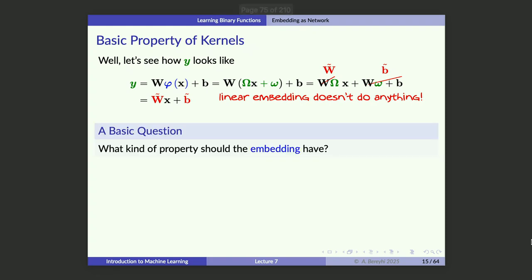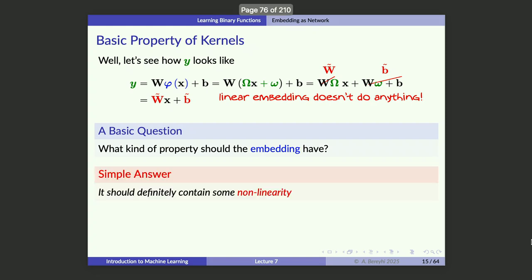So our question was what kind of property that transform, that embedding, should have. And the answer is quite simple: you need to have something nonlinear. And the beauty of neural networks is that it doesn't matter what kind of nonlinearity that is. Just put some nonlinearity and it's going to work at the end.